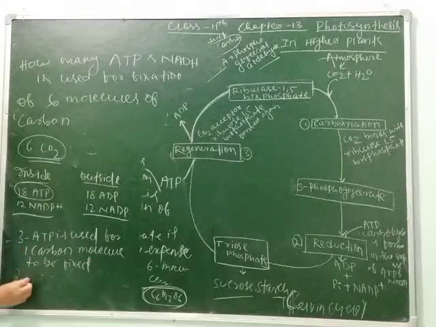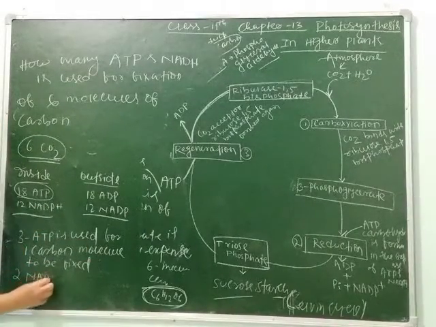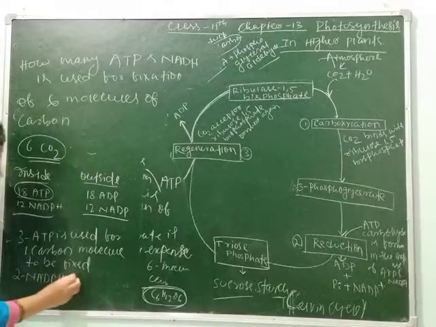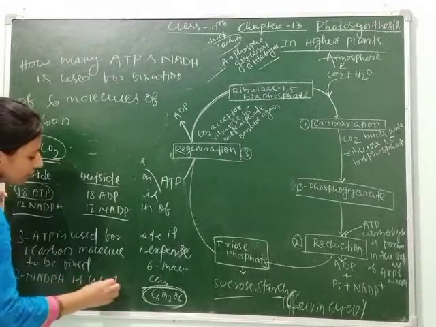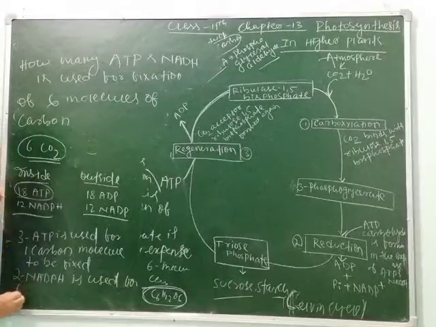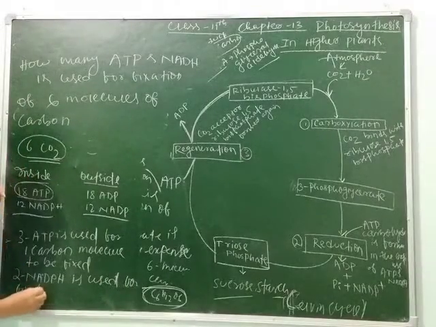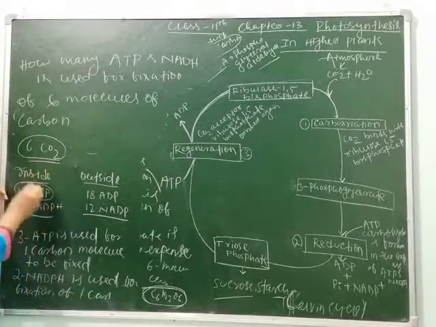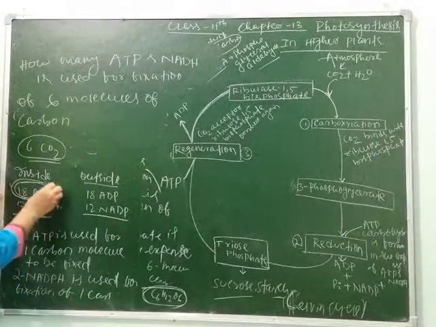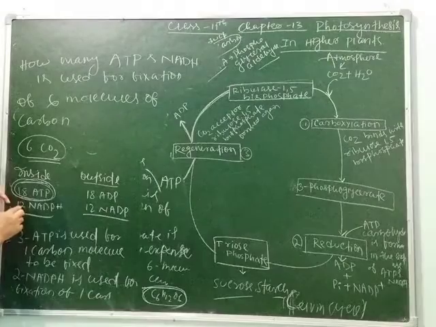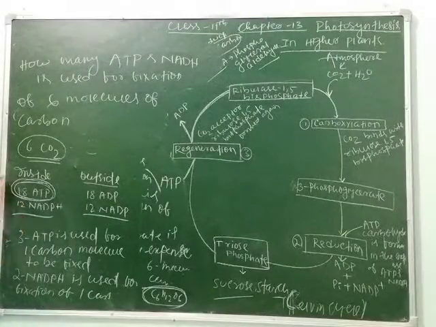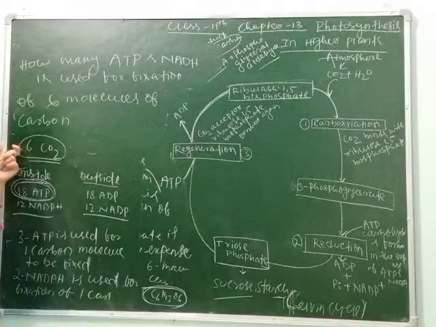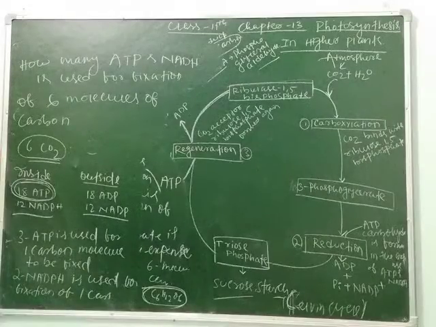And 2 NADPH is used for fixation of one carbon. So we can say that a total of 18 ATP and 12 NADPH is used for synthesis of a glucose molecule. Clear?